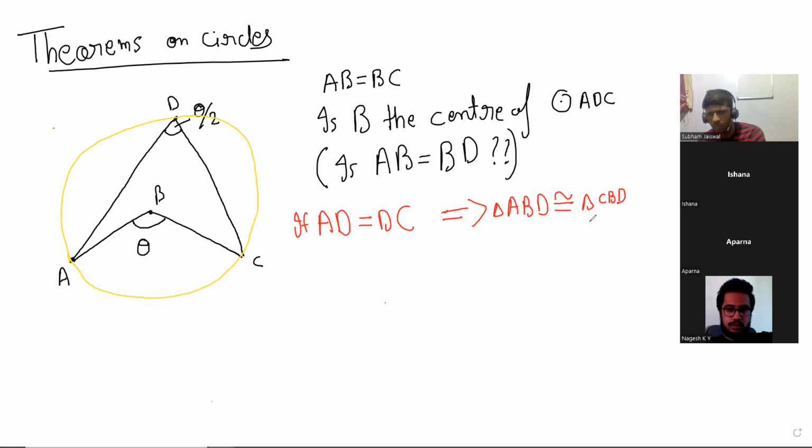So then can we prove from this that AB equals BD?